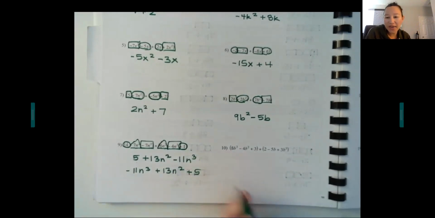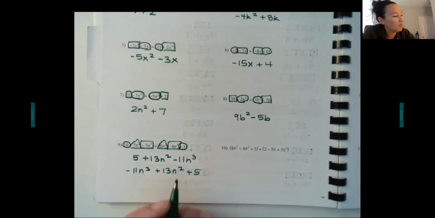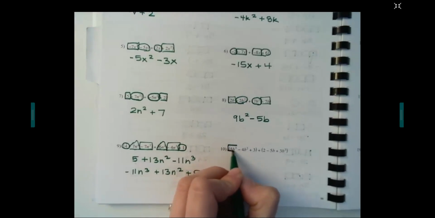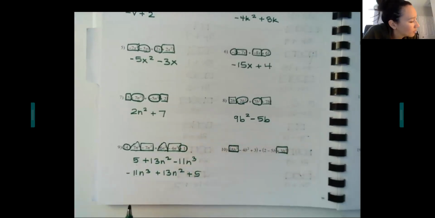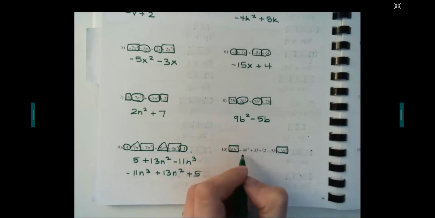Okay, and then let's see, Solomon and Tiana. How about Solomon, can you tell me how you boxed and circled? And then I'll have Tiana tell me what she got when she combined. Well, I boxed 8b cubed and 3b cubed, and then I circled 2 and 3.